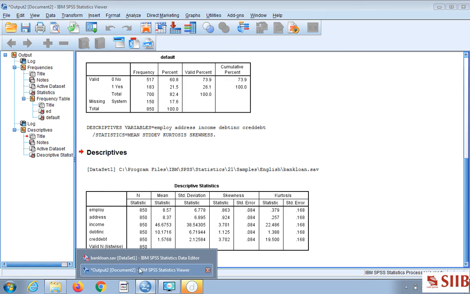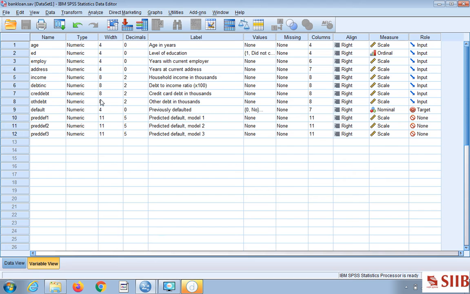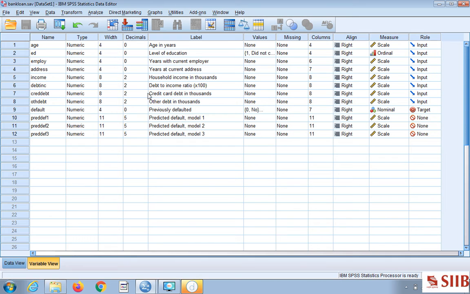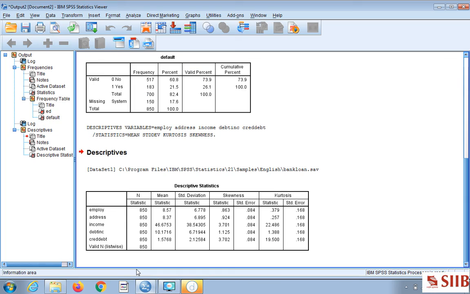And similarly the second, years at the current address. On an average the person is staying at the current address around 8 years. Like that you can easily interpret the descriptive statistics. Next variable, income, that is household income in thousands of rupees. The output says that on an average it is 46,000, right?